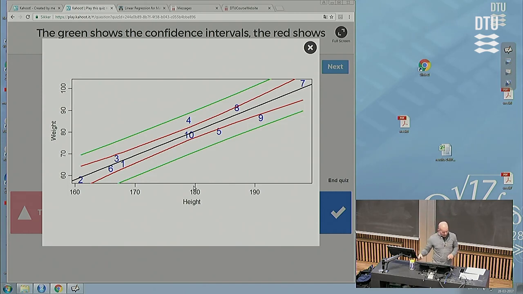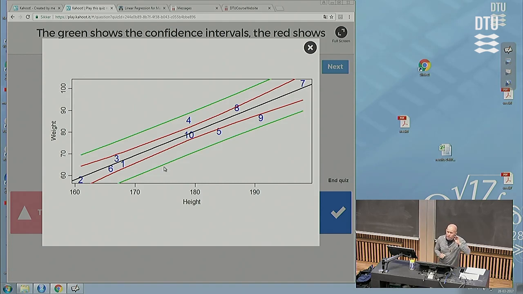I prepared how to verbalize it in that setting. The confidence interval would express, for instance, my attempt of estimating the mean weight for people of height 175 centimeters. I could use my regression model to estimate the population mean weight.